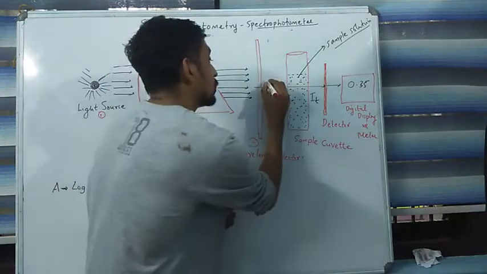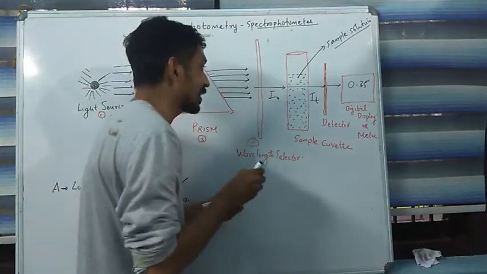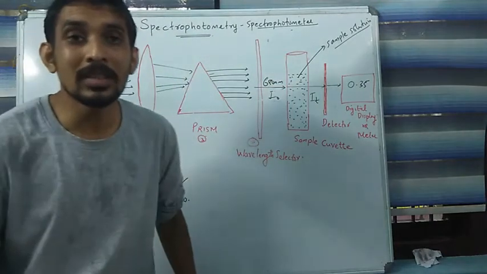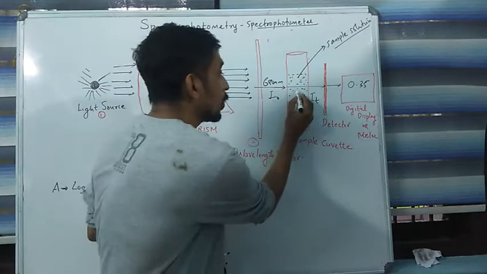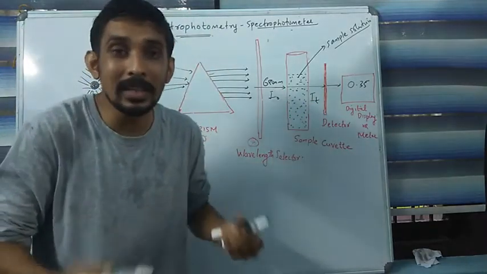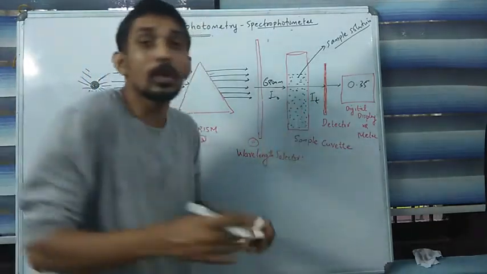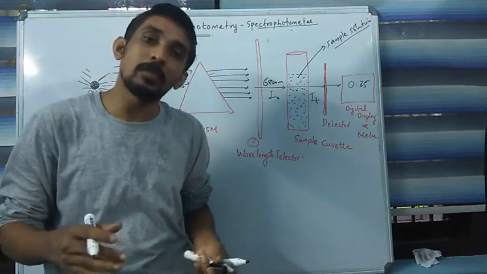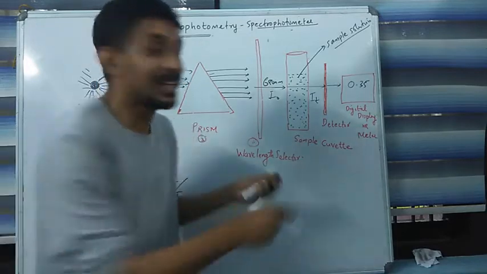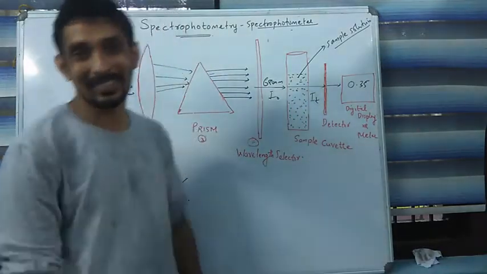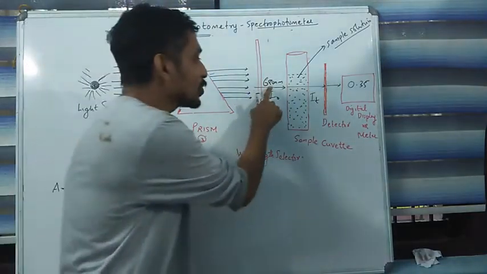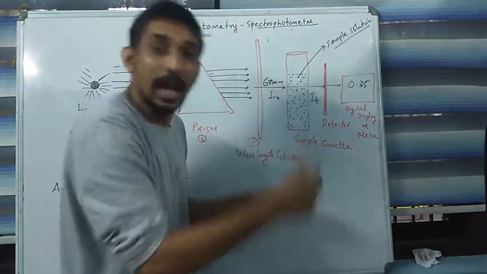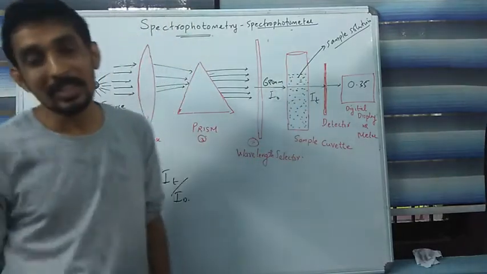Suppose the wavelength of the incident light is 680 nanometers. If this unknown material absorbs this 680 nanometer wavelength, I0, in more amount, we can say that 680 nanometers is absorbed mostly by chlorophyll A, so this unknown material is chlorophyll A. So here we use the known wavelength of incident light to identify and quantify the unknown material. That is the concept behind it.